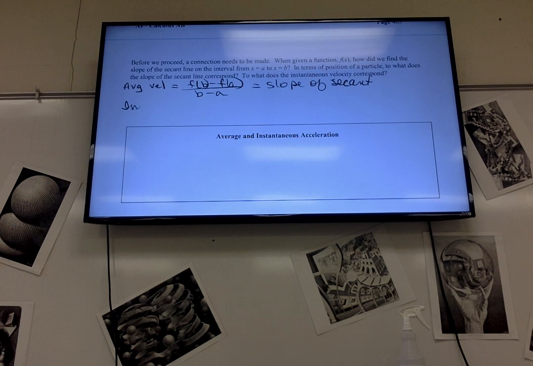And instantaneous velocity is the derivative, which is the slope of the tangent. So in physics, when you're trying to find some things, you can take the derivative, and it'll make your work a lot quicker.